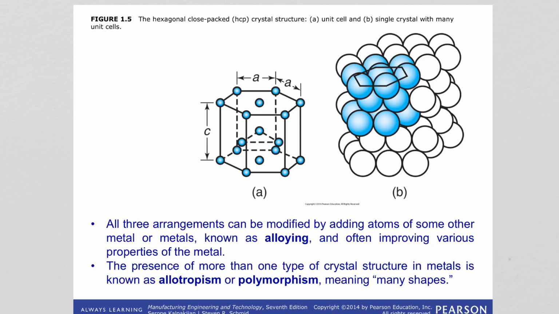So all these three arrangements, they will keep the same arrangement, and they can be modified by the addition of atoms. And what we call this is alloying, right? For example, there will be spaces in between the atoms that are packed, let's say in FCC structure or BCC, right?